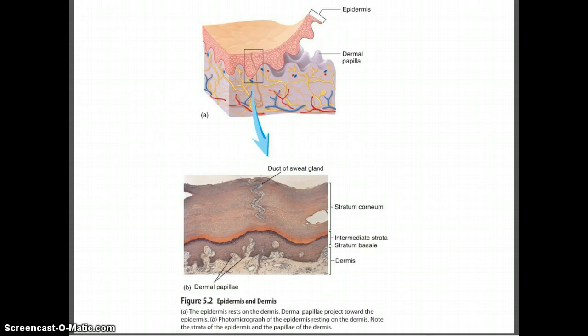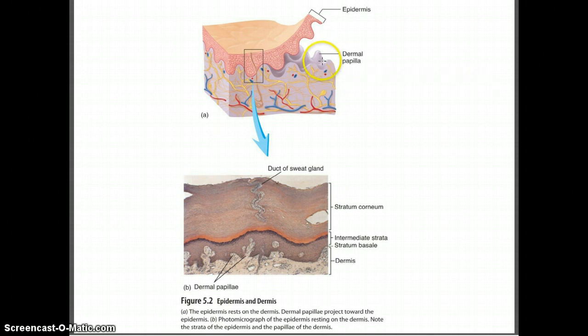Here is a diagram of the skin showing you the layers. Here is the epidermis pulled off, and here is the dermis. Notice there is a junction between the epidermis and the dermis via the dermal papilla.